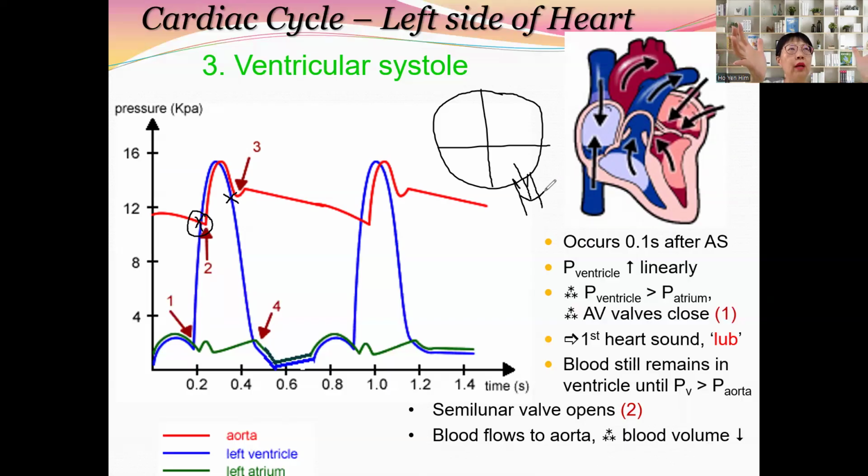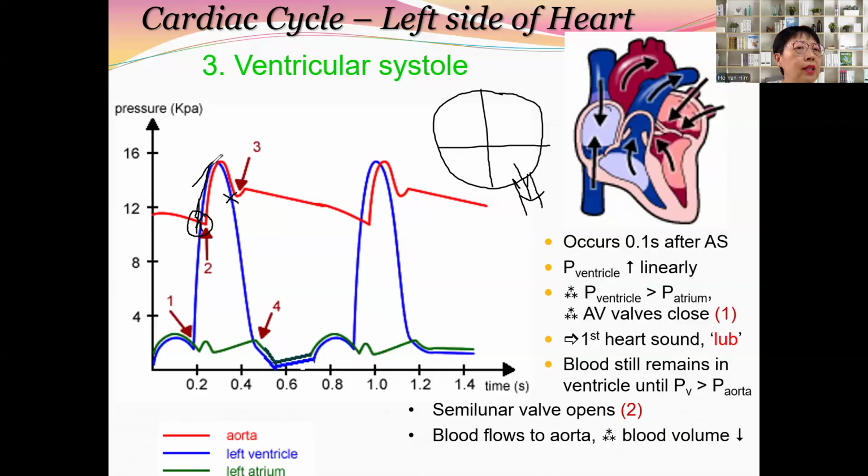You are squeezing the ventricle at the same time the blood flows out. So you start to feel that, yes, the pressure is increasing, but then the gradient of the curve is decreasing already. It becomes less steep. The gradient of the curve is becoming less steep because the blood volume drops. You are still squeezing it. You are increasing the pressure, but the blood volume at the same time is dropping. So therefore, the pressure does not increase linearly anymore.